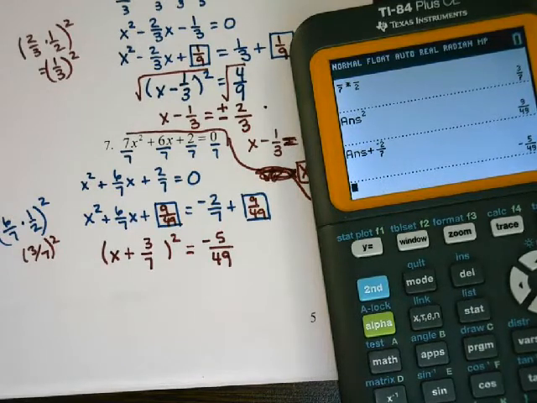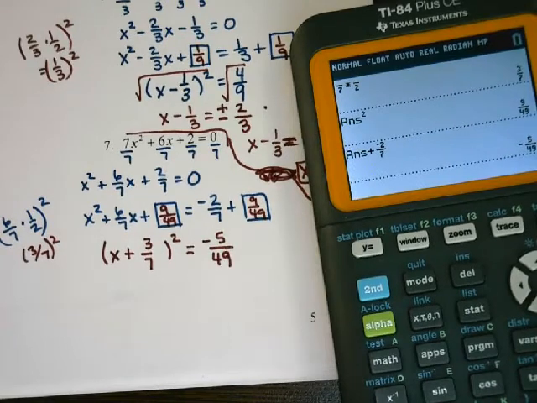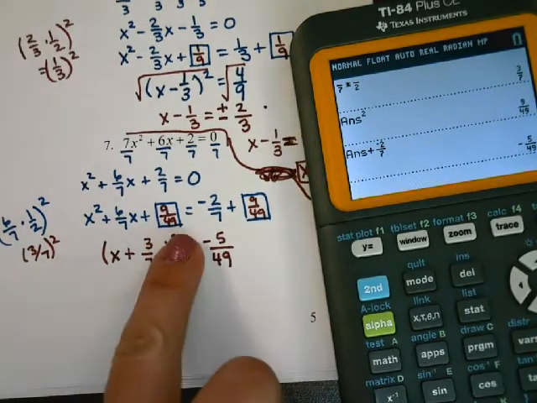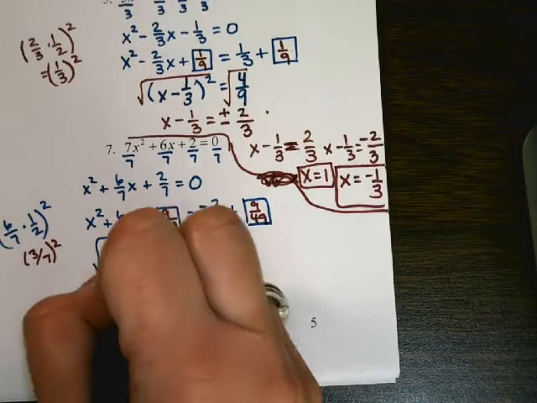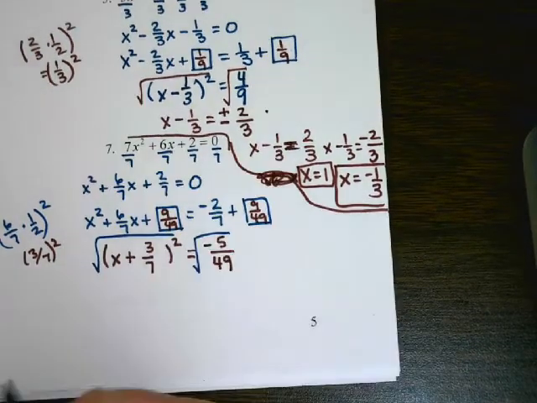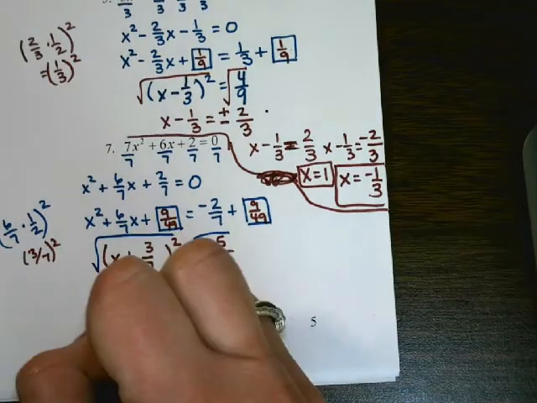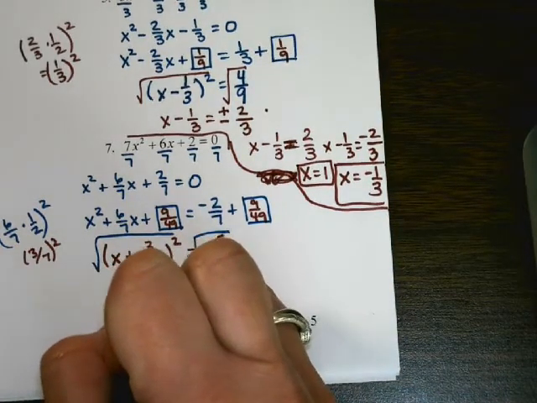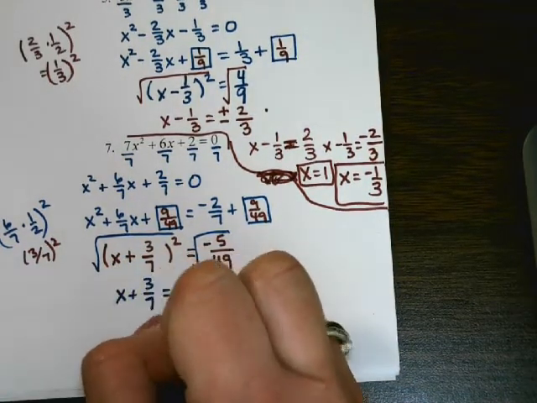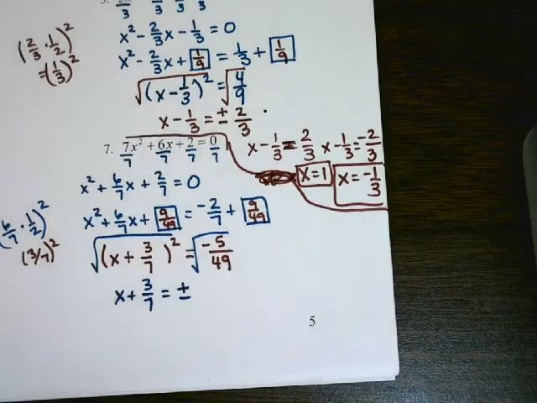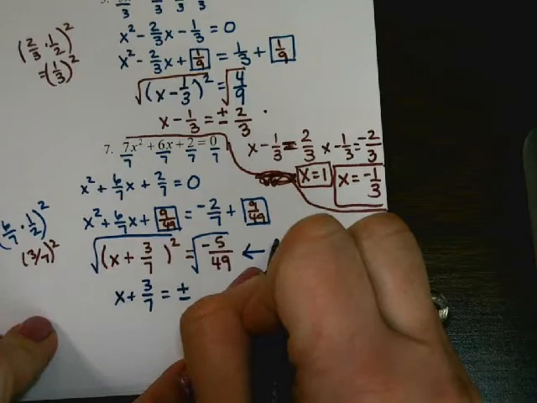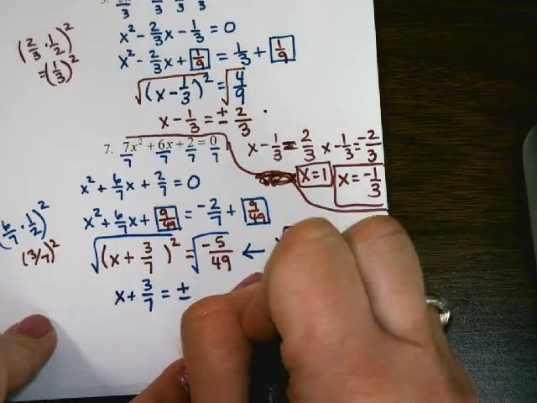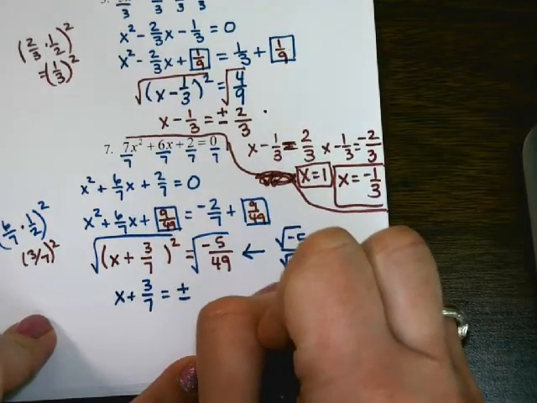Okay, now what? How do I undo things that are squared? Take the square root. So x plus 3/7 is equal to, I took the square root, automatically I get a plus or a minus. Technically this guy right here is the square root of negative 5 over the square root of 49.